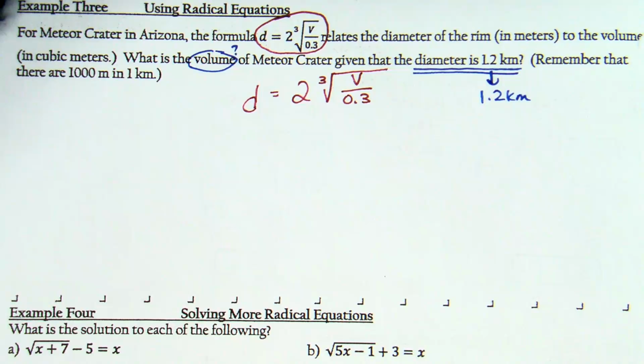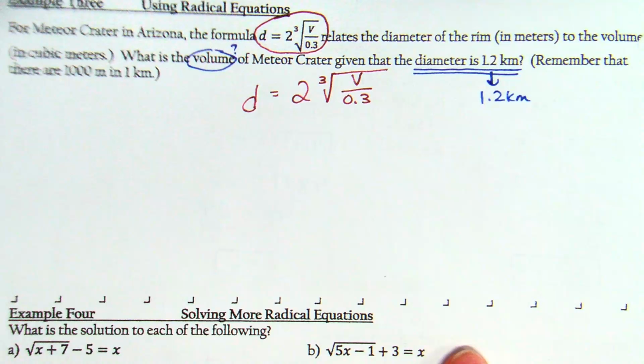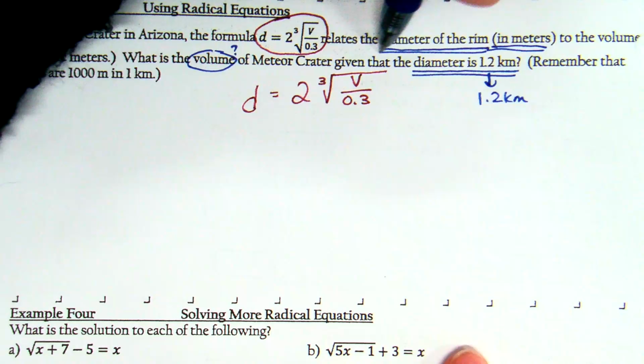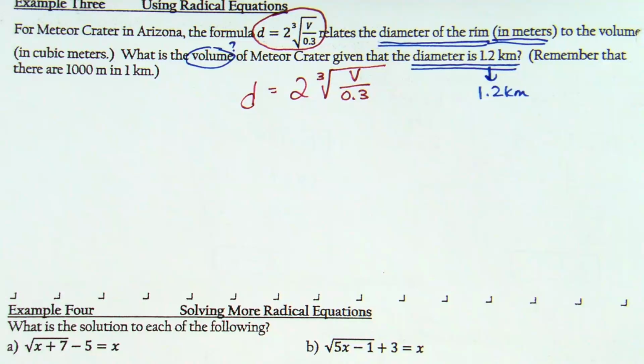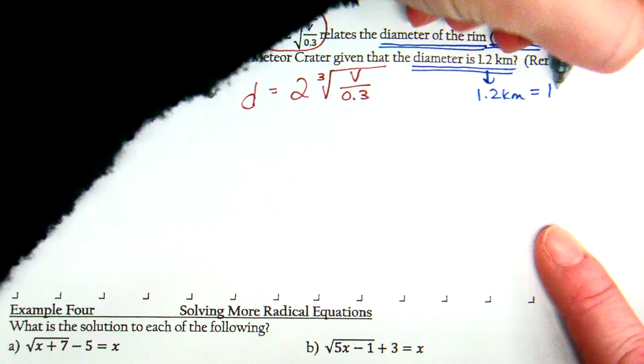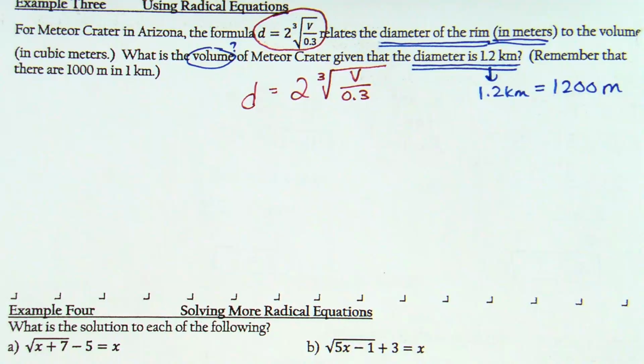This formula relates the diameter of the rim in meters. Do you think there's a reason that hint was given in parentheses? Yeah. Okay. If there are 1,000 meters in 1 kilometer, 1.2 kilometers is 1,200 meters. Move the decimal, multiply by 1,000, however you want to think about it.